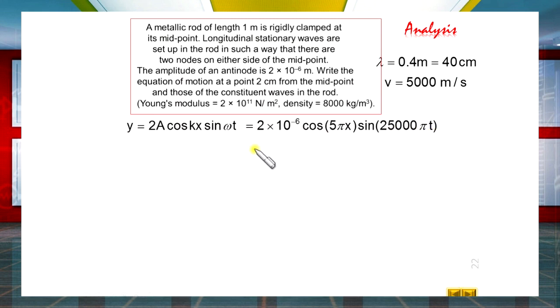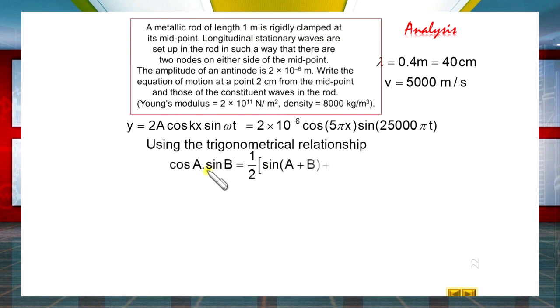We have a trigonometrical formula for this relation. If we want to have the constituent waves, we need to convert this multiplication formula into the addition formula. So we have the trigonometrical formula like this. Here a is equal to 5 pi x and b is equal to 25,000 pi t. Now we can substitute the value of k and omega.